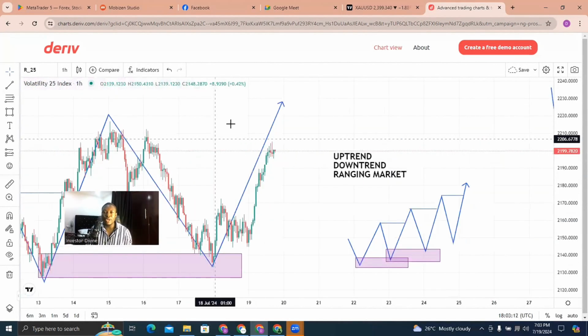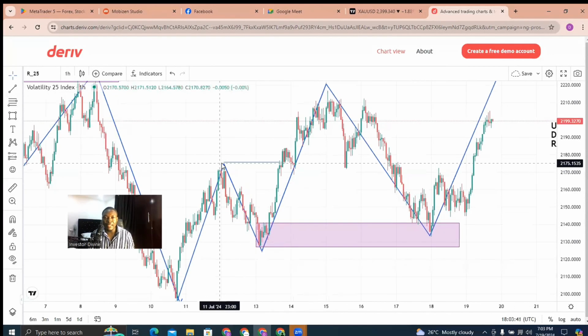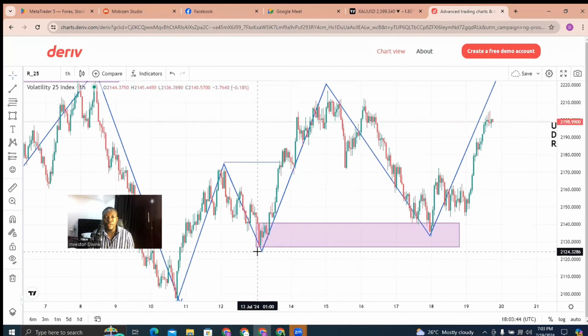Write this down somewhere. The bullish order block is the last sell candle before the buy candle that breaks a structure. So when I see this structure break here, I'll just come to this point and look for the bullish order block, the last sell candle before the buy candle that breaks a structure.